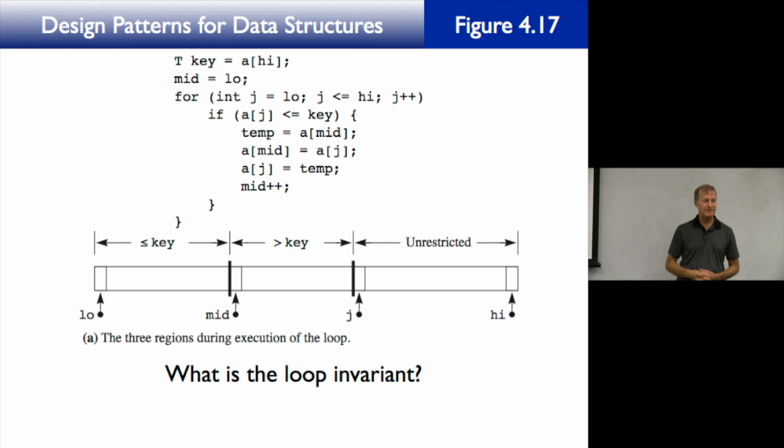I think what has to happen is you have to make a statement about the one on the left, and a statement about the one on the right. And let's use L for low, H for high, J for J, M for mid, and K for key.